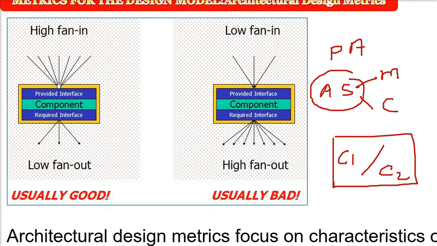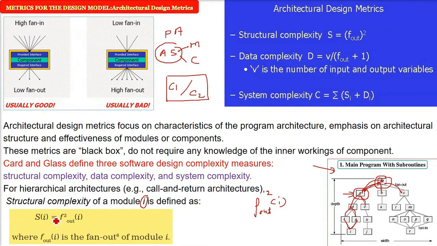So usually we want high fan in and low fan out. We don't want low fan in and high fan out. So just square the fan out, and you are going to get the structural complexity.